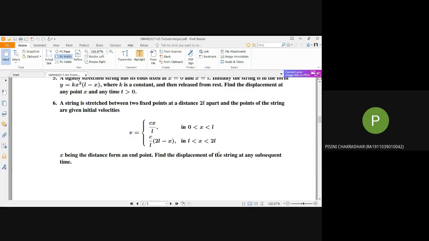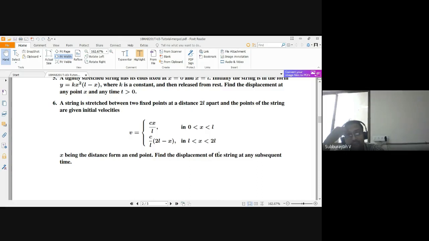Okay, fine. That point is missing here, so you have to assume for this problem that initially the string is in equilibrium position, and the initial velocity profile is given by v.